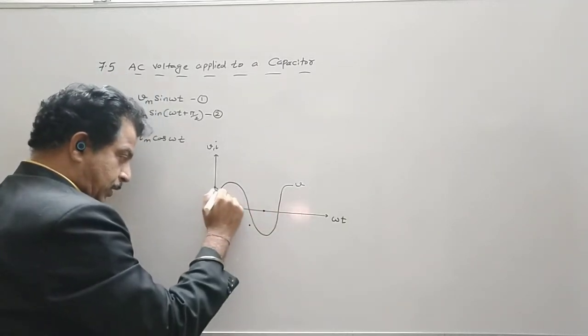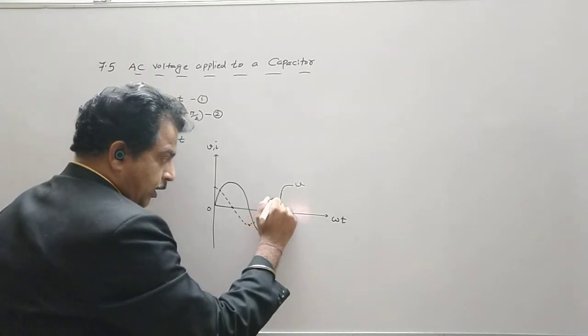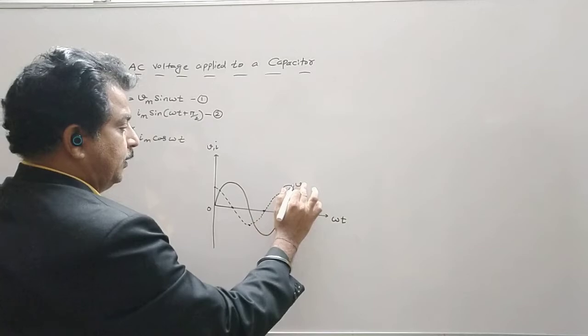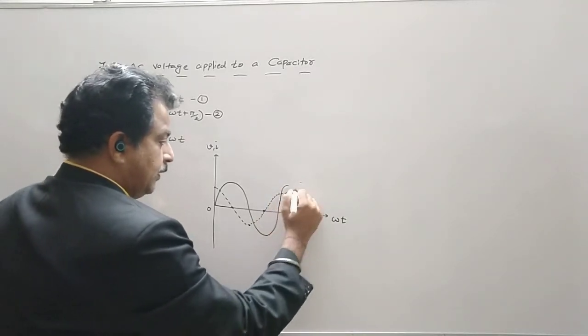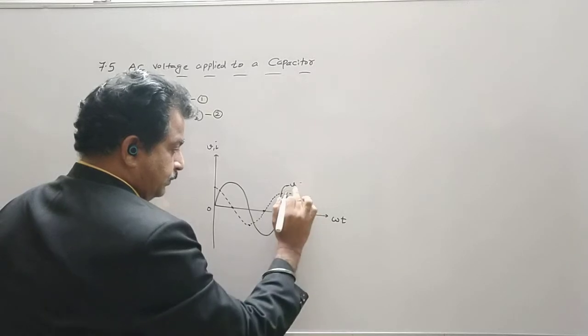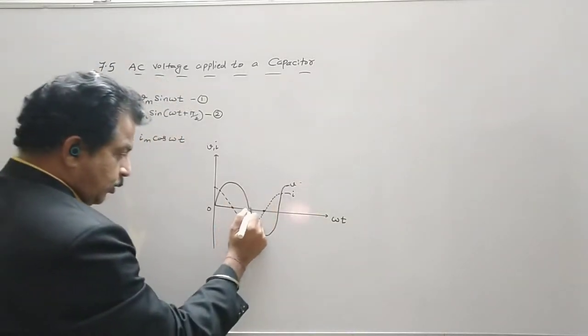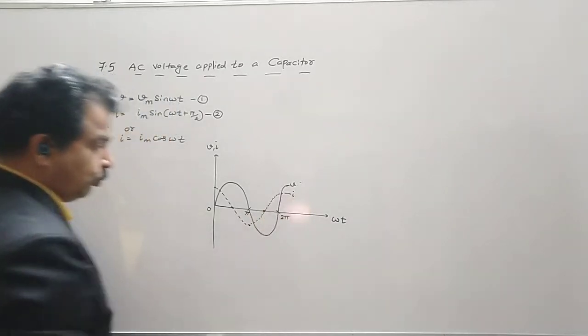So this will be the waveform for I, the instantaneous current. One is maximum and the other is minimum. This was pi and this is 2 pi.